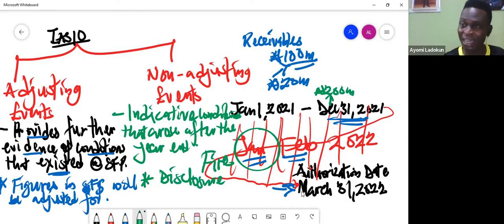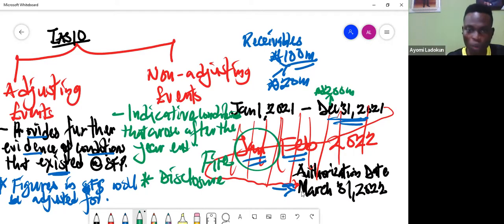You don't need to make any adjustment to the accounts, because they are indicative of conditions that arose after the year end, and as such, it will only require a disclosure.